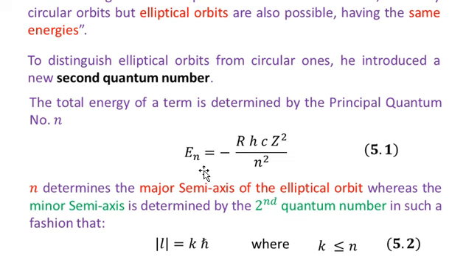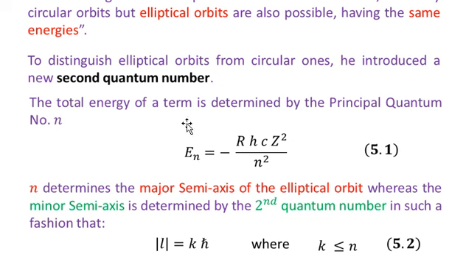So this E_n, which is the binding energy of the electron in the nth state, is equal to minus the Rydberg constant of the hydrogen atom multiplied by Planck's constant h multiplied by c multiplied by Z squared, where Z is the atomic number of the atom, divided by n squared. So this is the formula that was given by Bohr's atomic model. And you see that here the energy of a circular orbit depends only on the principal quantum number n.